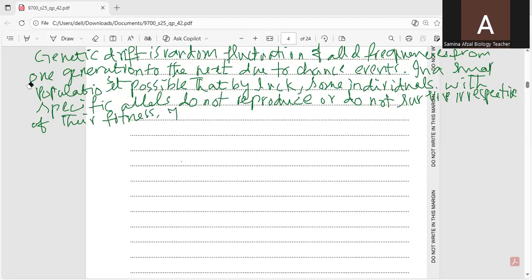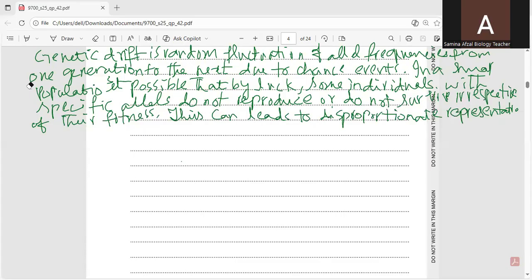This can lead to disproportionate representation of alleles in the next generation.